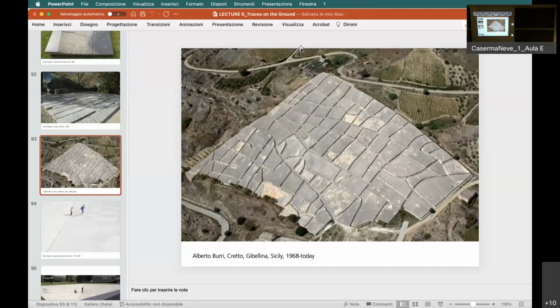Of course, in landscape as much as in architecture. In architecture, maybe this is more evident because architecture is always serving a purpose.